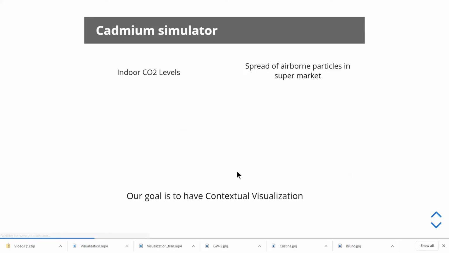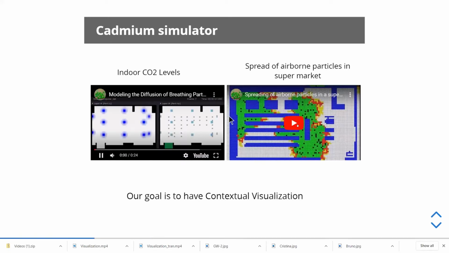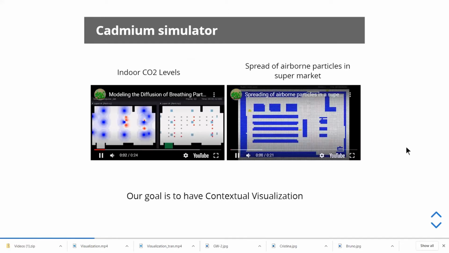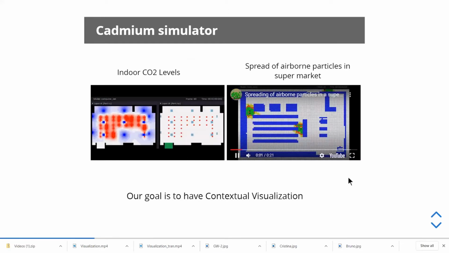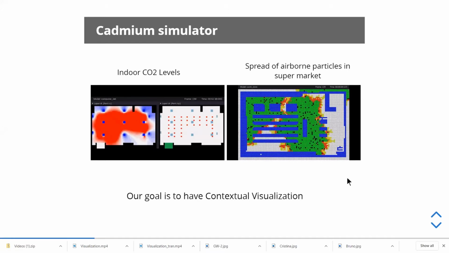We have a simulator, the Cadmium simulator, and it already has pre-built models that can run carbon dioxide levels, or study pandemic distribution in a supermarket. With all these models, I was thinking, what if architects or designers are able to access them, because it's already a built-in repository.